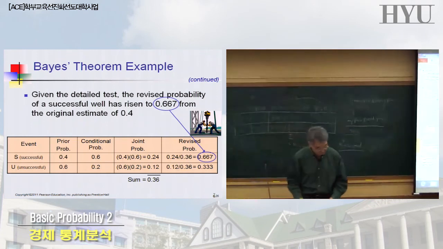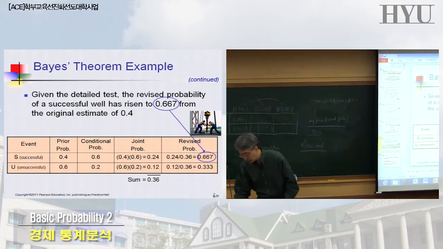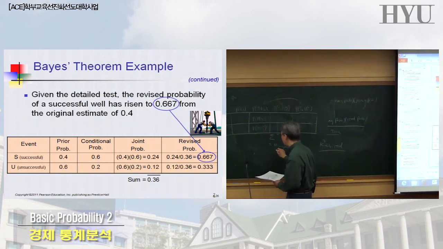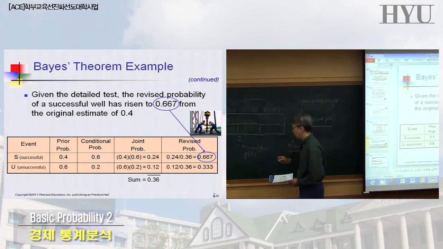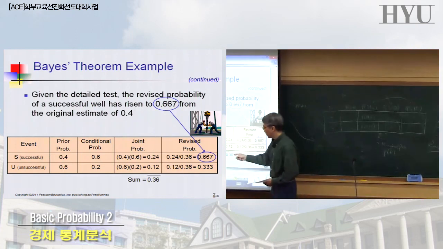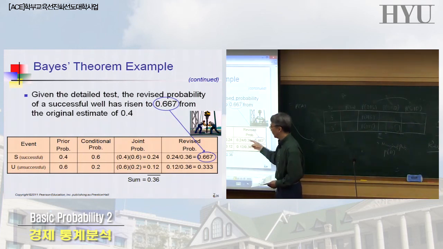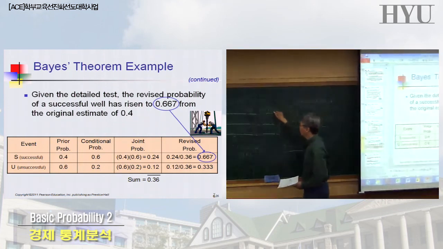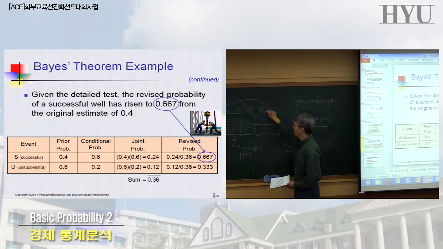This is the probability of D, the probability of the test being positive. So out of that 0.36 possibility of being tested positive, what is the chance? Given that the test came out positive, what is the probability of success?